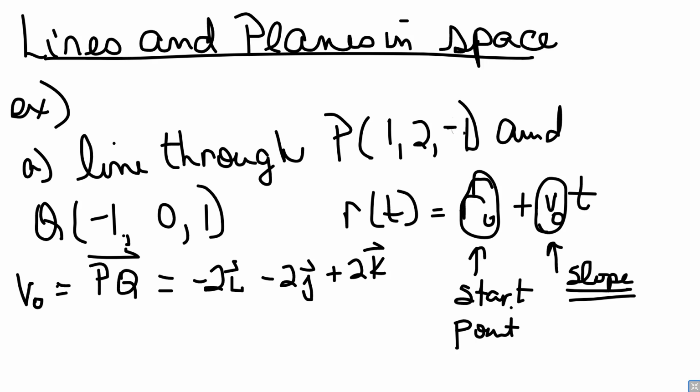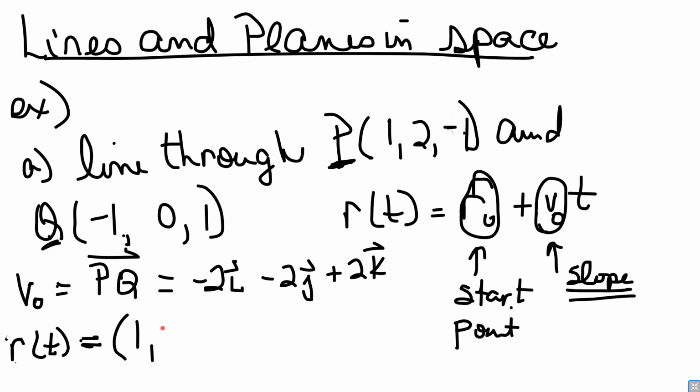Okay, so for our equation for our line, which we define as R of t, it's going to be equal to R sub 0, which is our initial, starting point. The line goes through this point to this point, so this is the first point that it's going to go through, and we're going to use that as the start point.